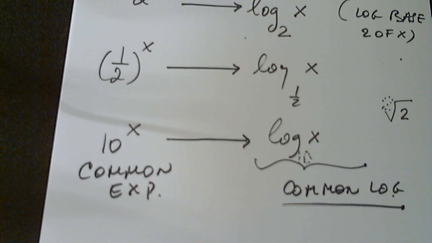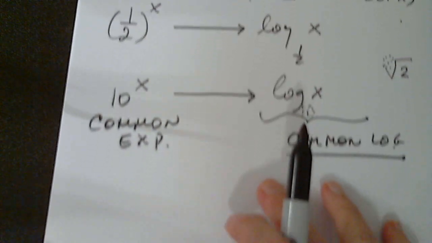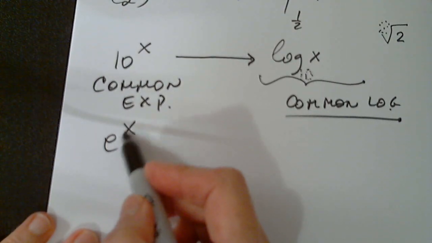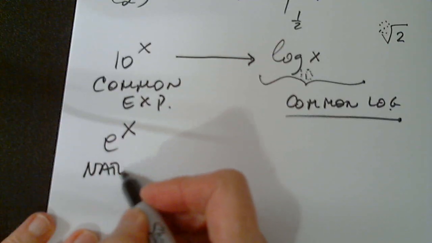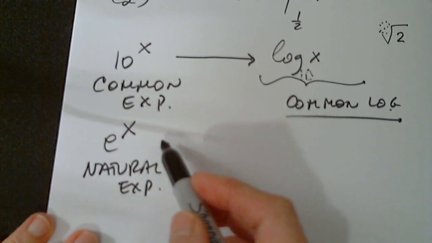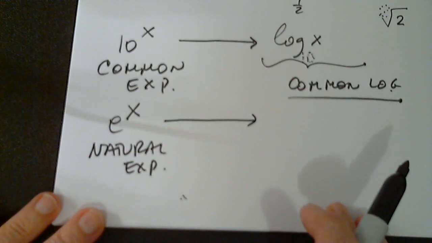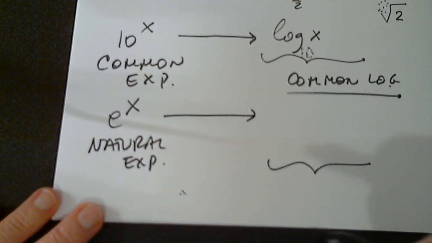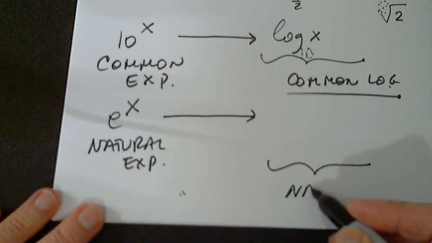That's why they share the same key: a common exponential with a common log. One more: e to the x. This is the natural exponential function. It has an inverse function, which is called the natural log.